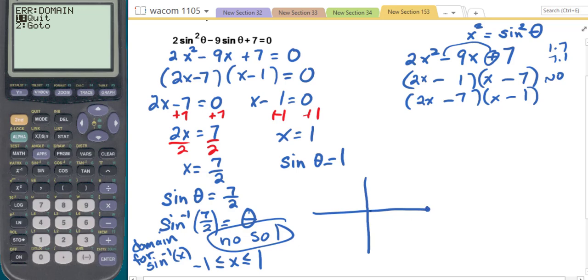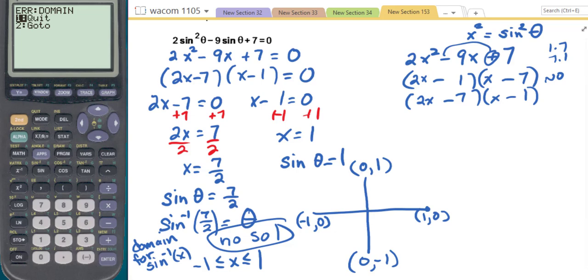Right here, we've got 1, 0. So it's not that one. This one is 0, 1. This one is negative 1, 0. And this one is 0, negative 1.